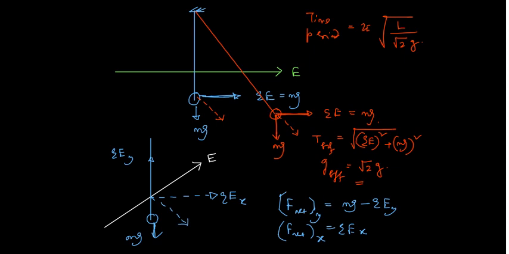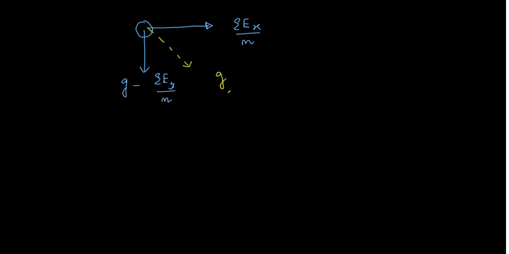From there, we can easily figure out what is g effective. So if I want to calculate g effective here, for the pendulum in this direction there is a horizontal acceleration, and that acceleration will be equal to q into Ex by m. There will be a vertical acceleration that will be equal to g minus q into Ey by m. So in this particular direction we will have g effective, equal to the vector sum of these.